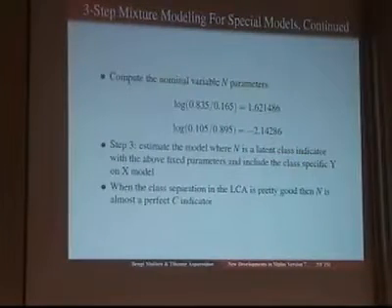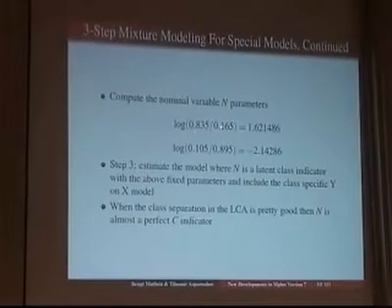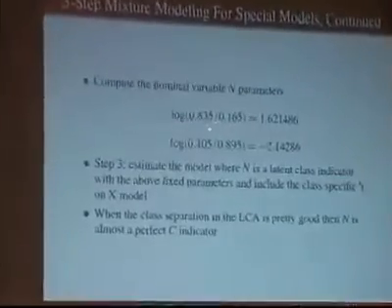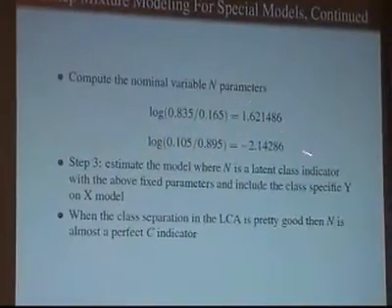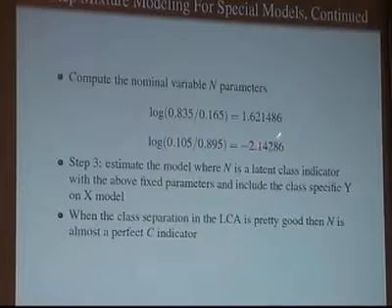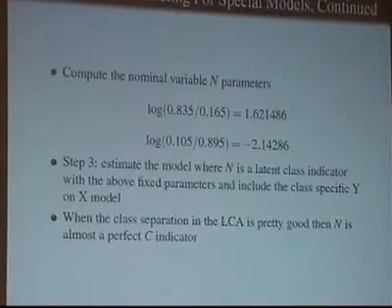You basically take the first row, compute the log odds ratio, and you get these two parameters, and those will be the parameters you need to put in the third step.